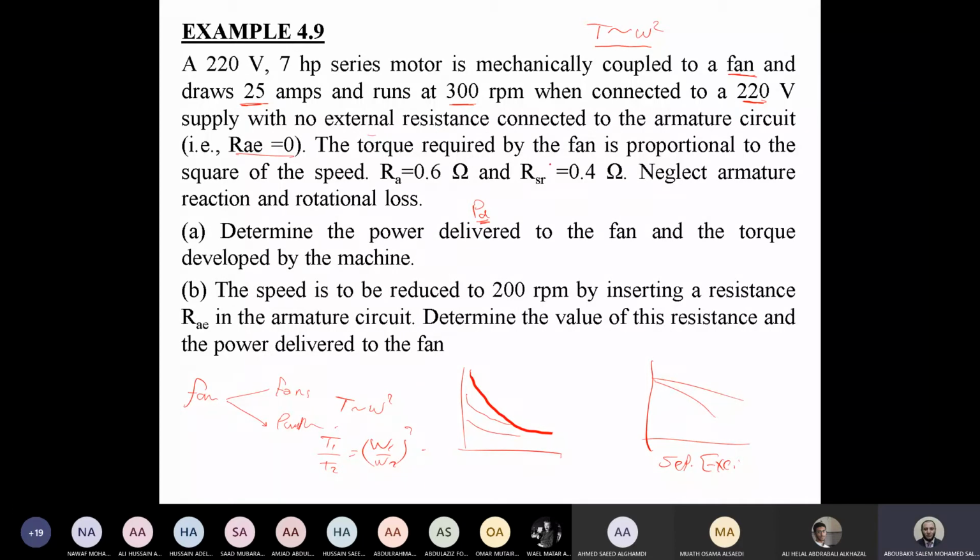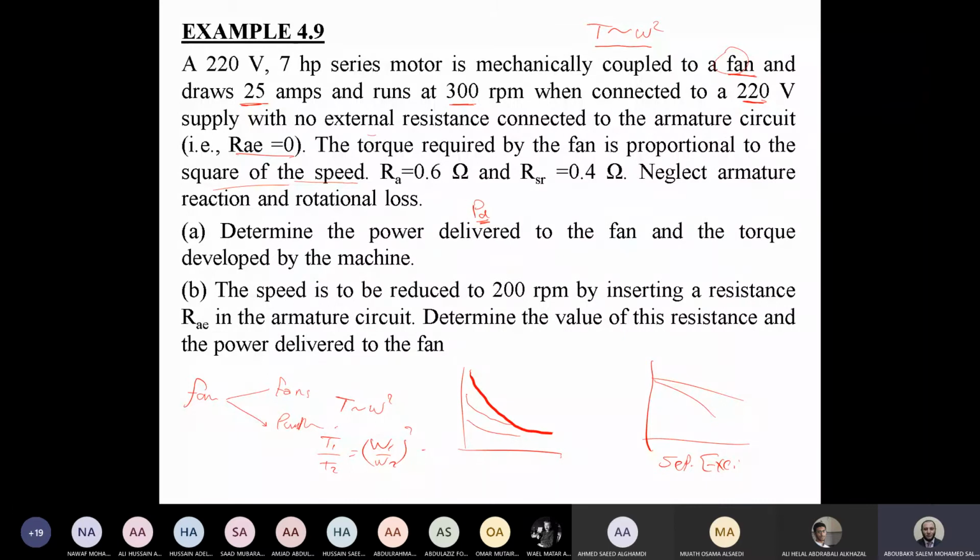The torque required by the fan is proportional to the square of the speed. Of course we know this meaning because it's stated here that the load is fan type. There are other kinds of load torques, like traction load torque, or constant load torque.